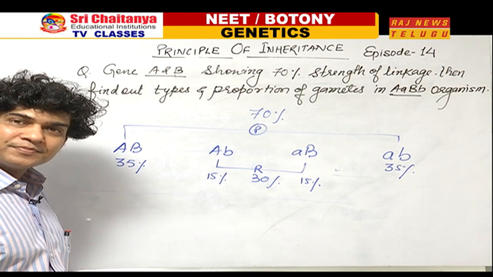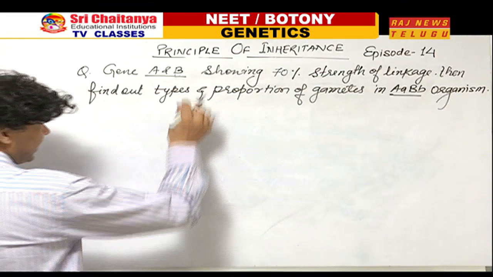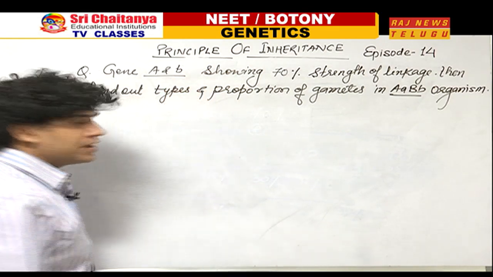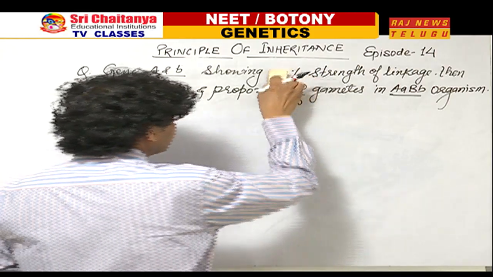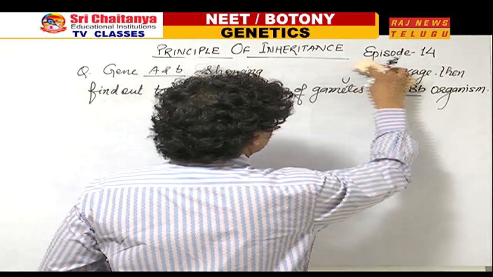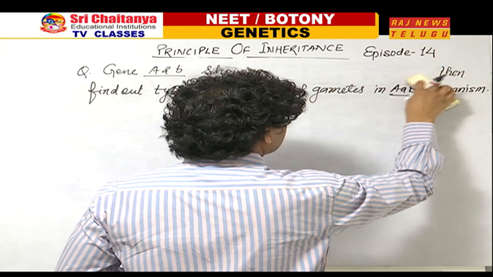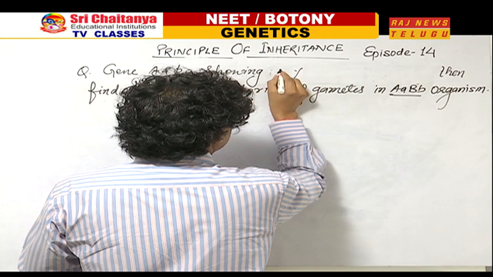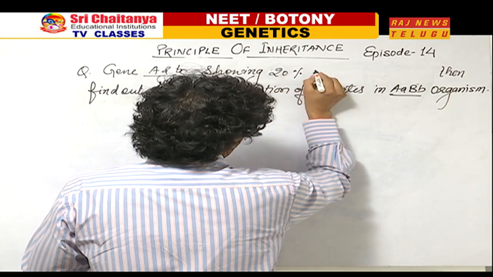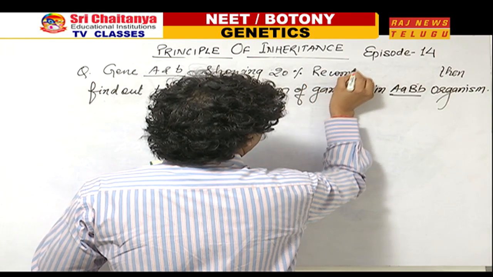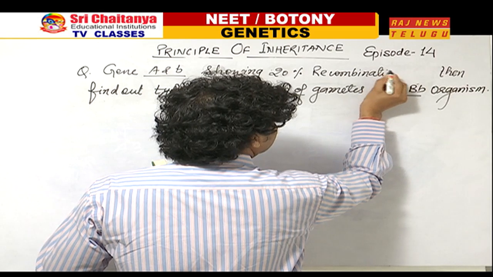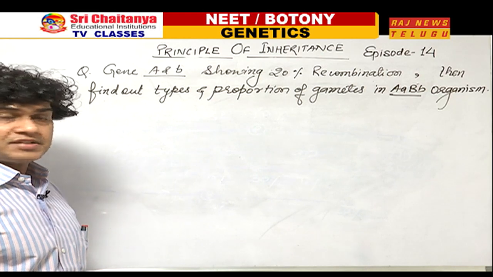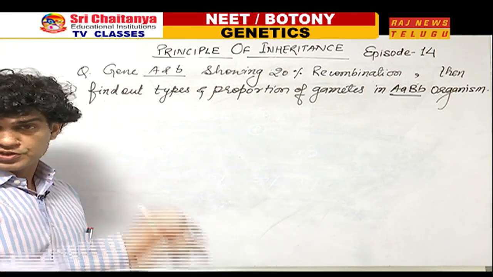Second type. One more example, gene A and small b showing 30%, 20% recombination, then find out the type and proportion of the gametes in capital A, capital B, small b organism.